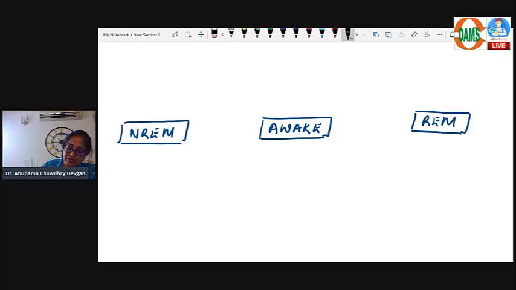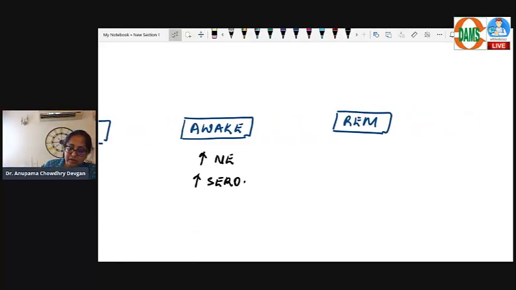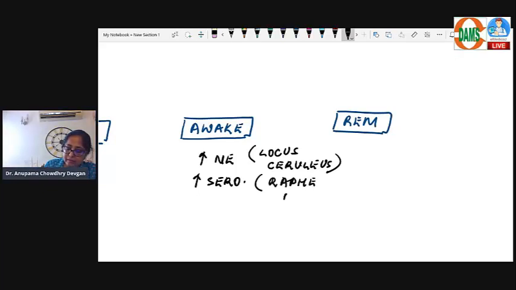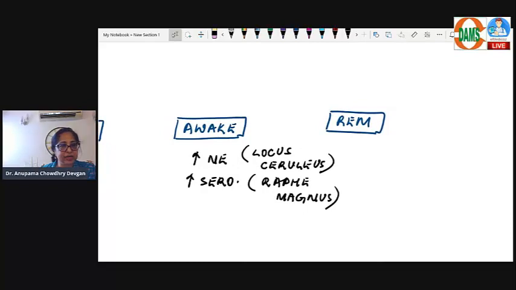So awake state is associated with increase in norepinephrine, increase in serotonin. Norepinephrine comes from locus ceruleus, and serotonin from the raphe nucleus.